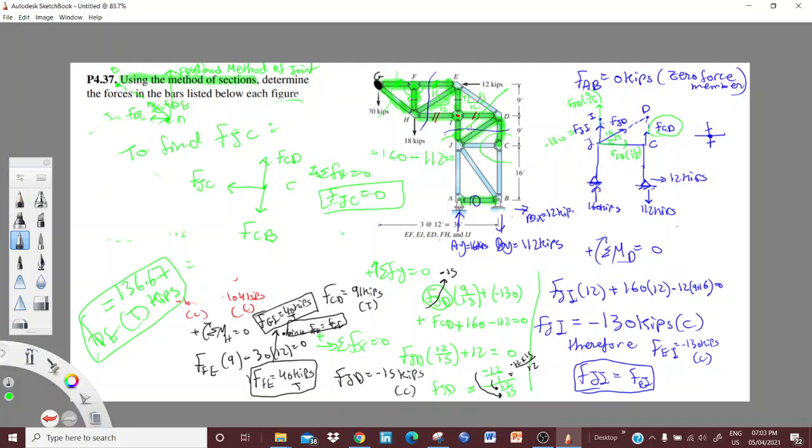You can do it like this, or we can say it is 180 degrees. This member is the same thing. It's collinear, so this one is a zero force member. So let's just remove it. We found out the member JC. Let's get rid of this and this.